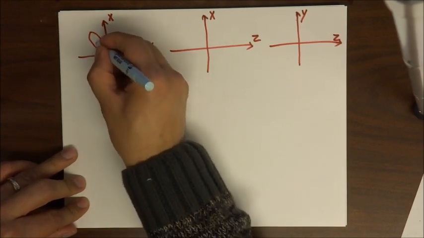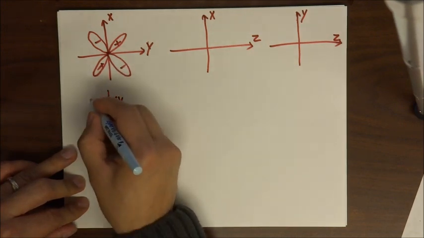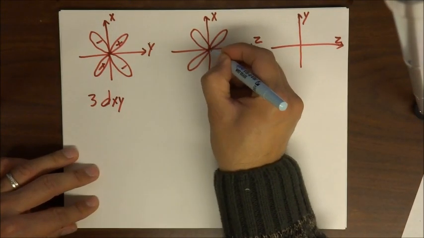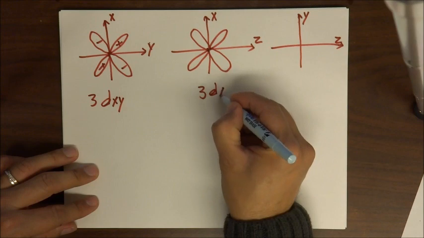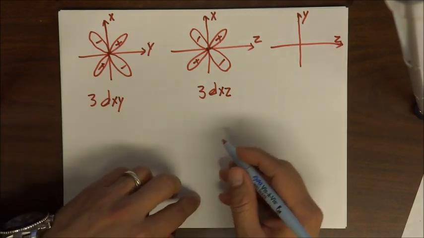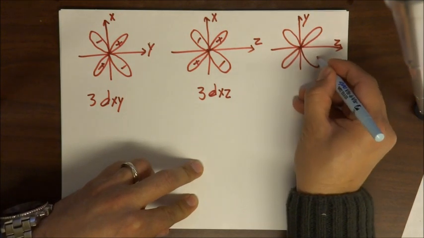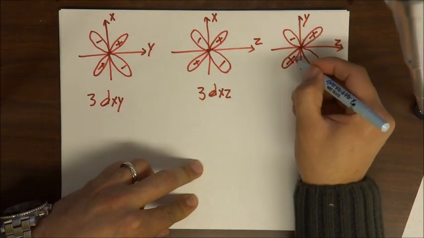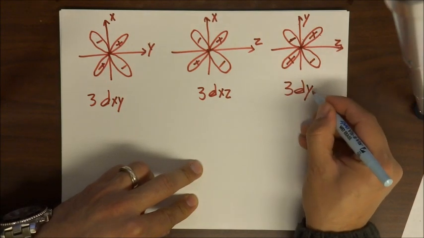Positive, positive, negative, negative. The plane I'm using is XY, so the orbital will be 3dxy from the third layer. And this time I'm changing the plane. It will be 3dxz. Positive, positive, negative, negative. Positive, positive, negative, negative. It's a 3d orbital and the plane is YZ.